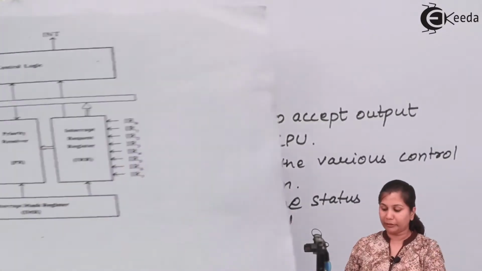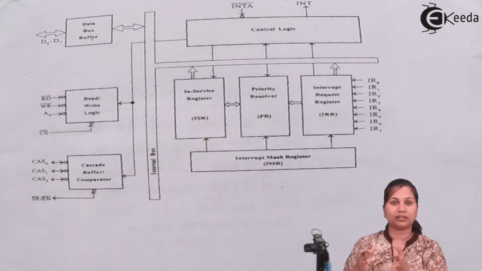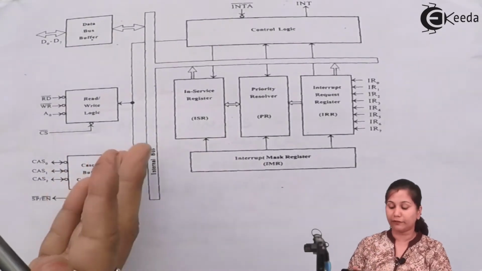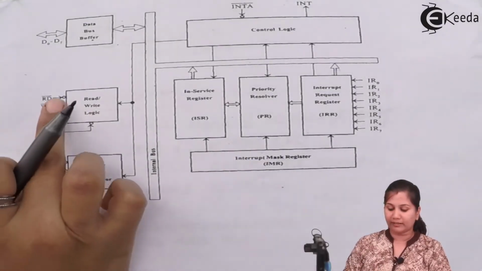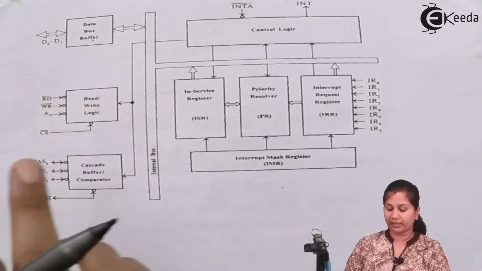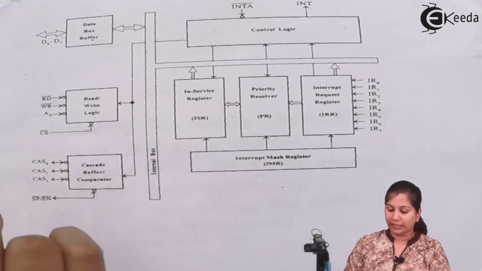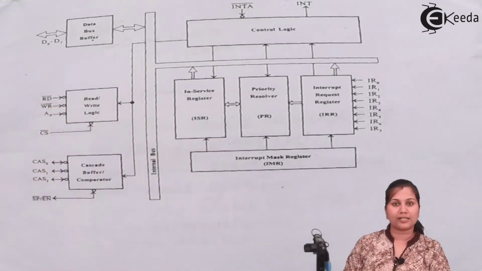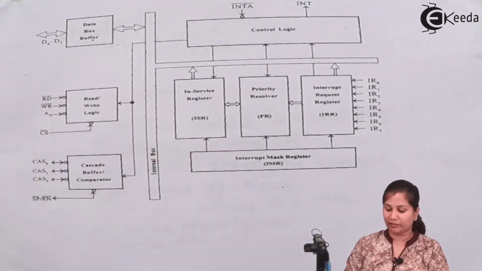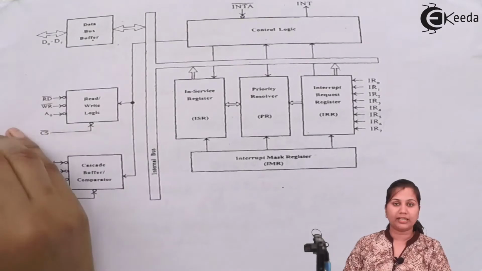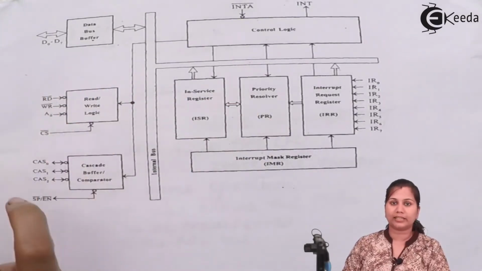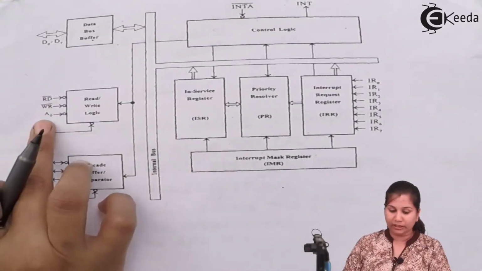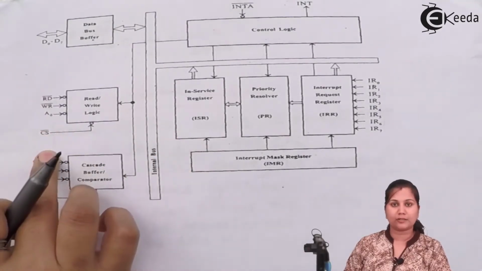Whatever the status or command words, they are transferred from the microprocessor to the 8259, and vice versa, when the read and write signals are enabled in this block. Then only this transfer of data will take place. When read is 0, meaning read is enabled, the data will be read, and when write is enabled, the data will be written. Now we have the A naught and CS bar signals also.